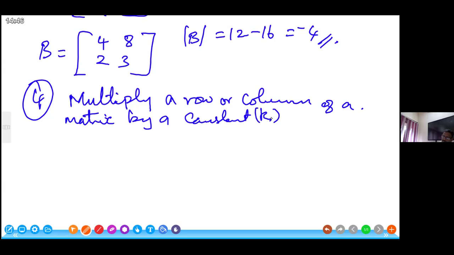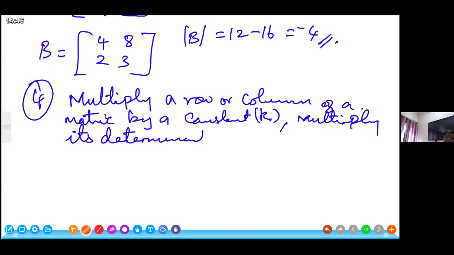Let's say I'm multiplying by a constant k, multiply its determinant by k. Right?